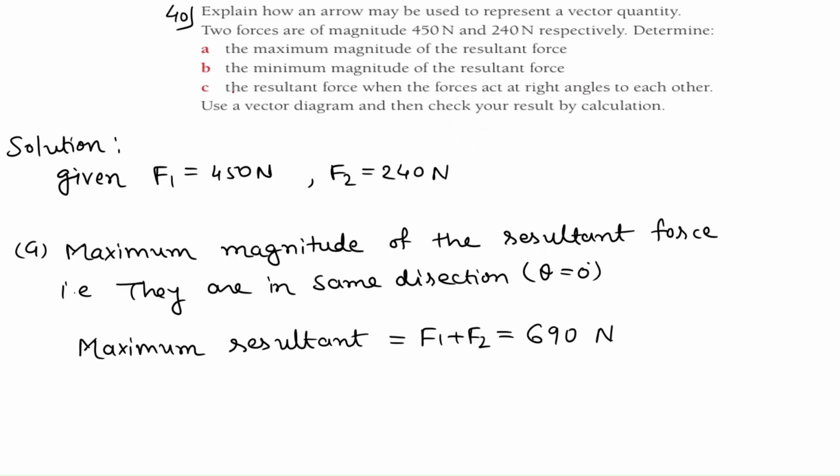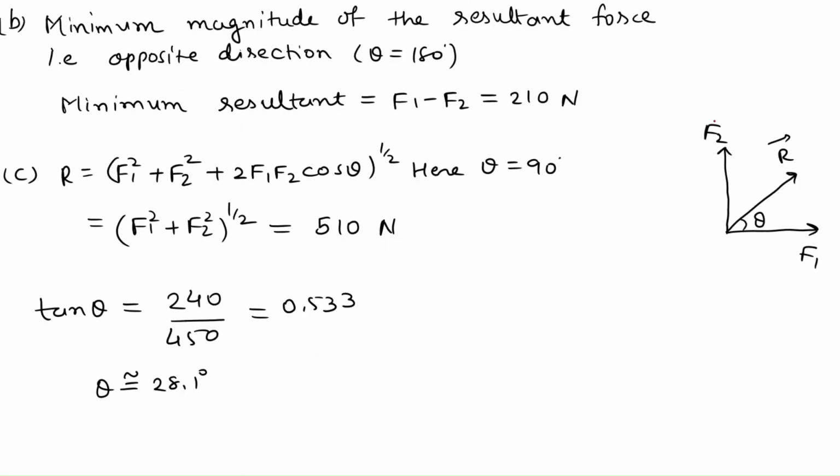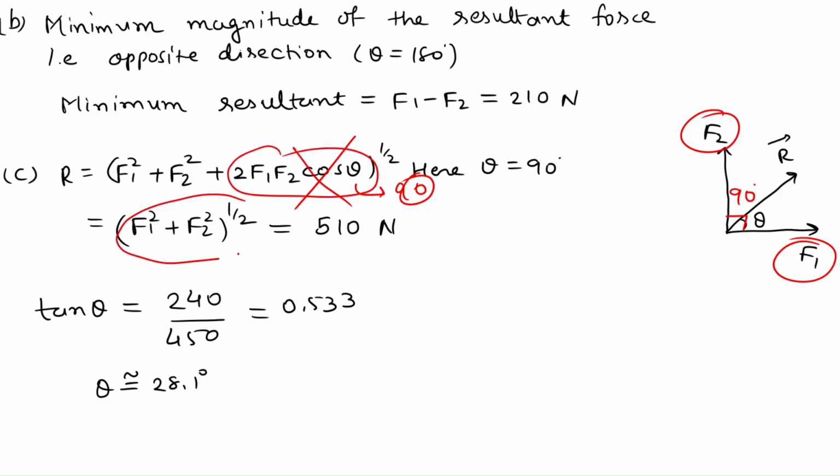And the last, C, says the resultant force when the forces are at right angles. So here take F1 and F2 at right angles, which means they are at 90 degrees. Now same formula: cos 90 means that term will be 0, and you are left with this term, and you get 510 Newton.